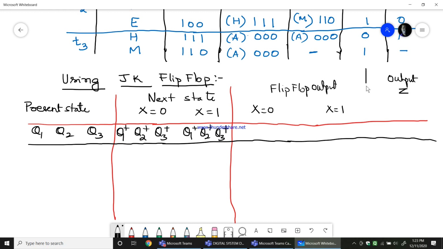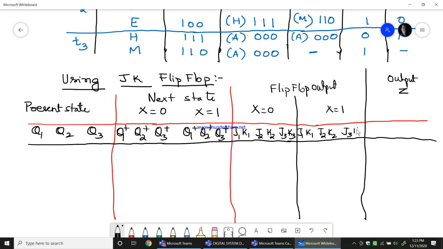Similarly, when x equals 0, we see J1, K1, J2, K2, J3, K3. Similarly, when x equals 1, you will see J1, K1, J2, K2, J3, K3.